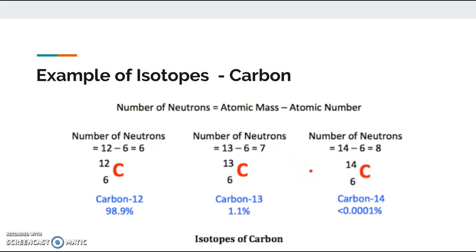It wouldn't affect the charge because, again, neutrons are neutral, so we'd have the same number of protons, so we would have the same number of electrons as well. You will learn later on that you can change the number of electrons, which will give you an ion, which will give you a charged element.